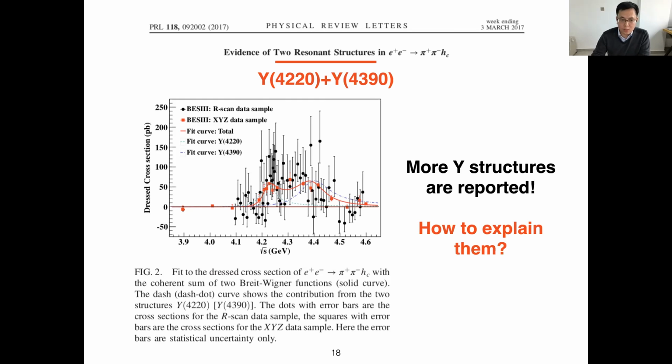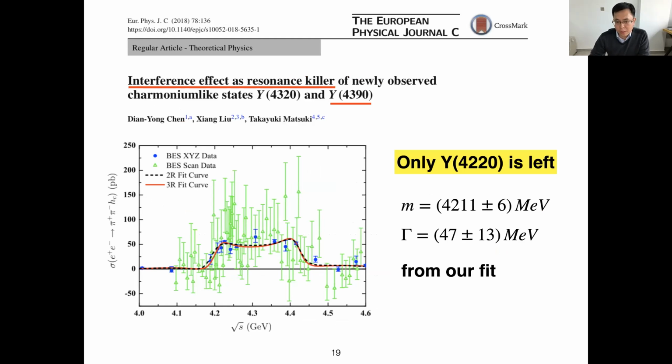In our EPJC paper, we also introduced the interference effect. I want to emphasize that the interference effect is very important to play the resonant killer role for the newly observed charmonium-like states Y(4360) and Y(4390).